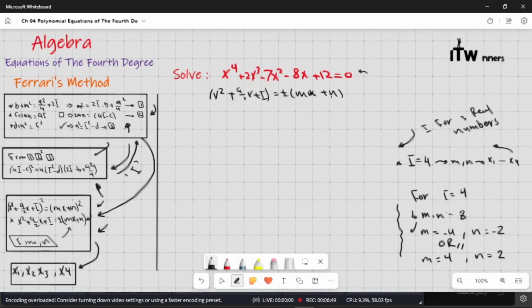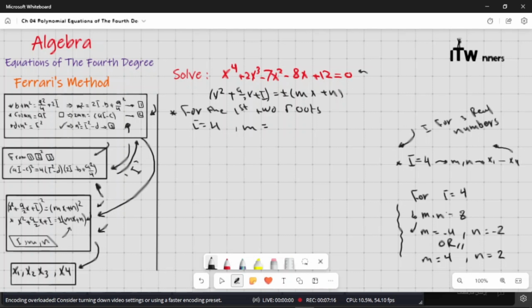Okay, so here for the first two roots, here we have I equal to 4, m equal to negative 4, and n equal to negative 2.